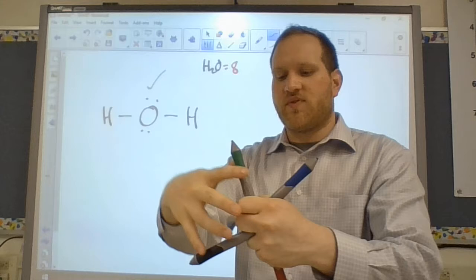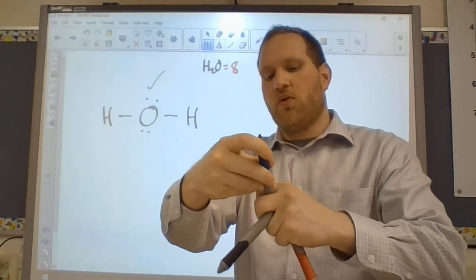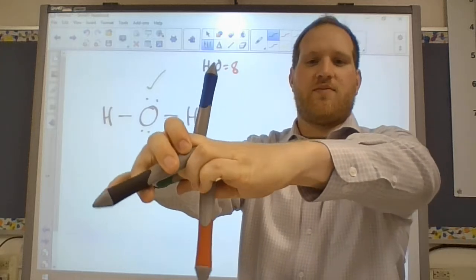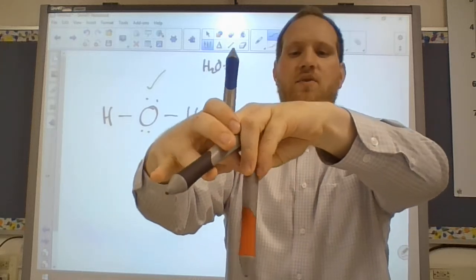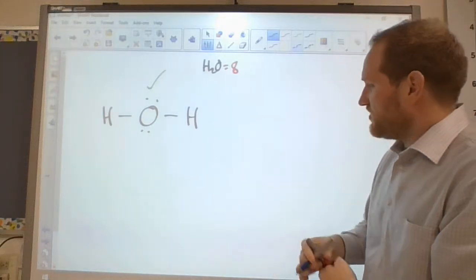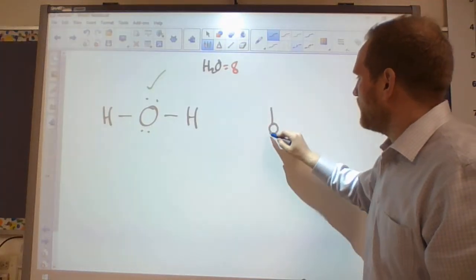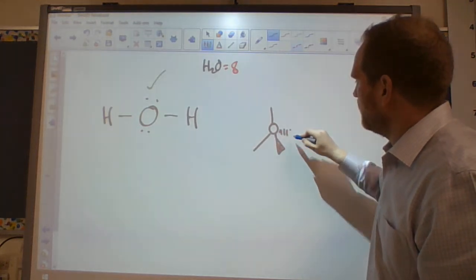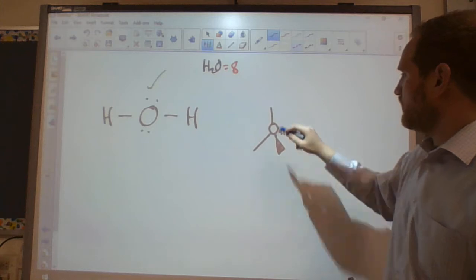They're really going to arrange themselves in this tetrahedral shape. I don't know how well that's coming off on camera there. But it's going to basically arrange itself in this tetrahedral shape where we have kind of like a triangular base with one coming off the top.